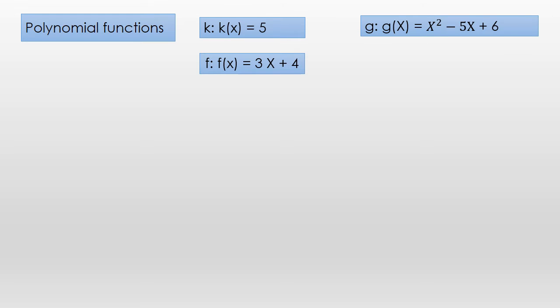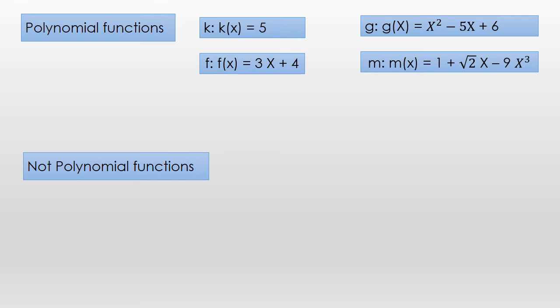We find that for every real number in the set of x, there is a codomain value of g of x, so it is a polynomial function. And the last one is also a polynomial function. By substituting any real number, we find that we have a value in the codomain.